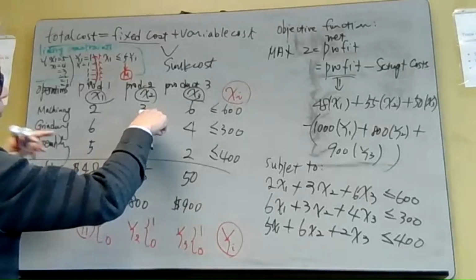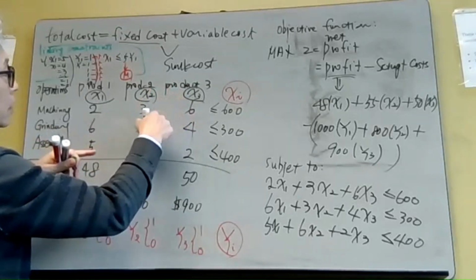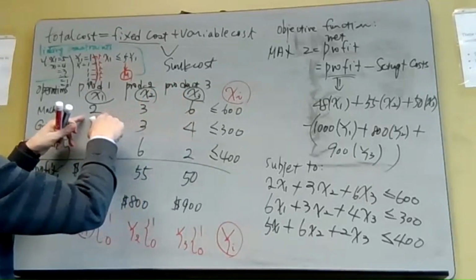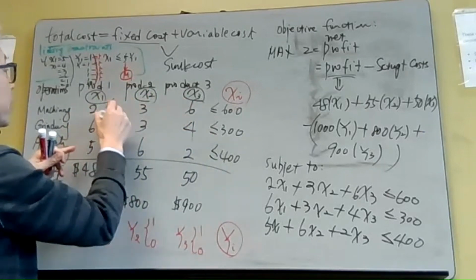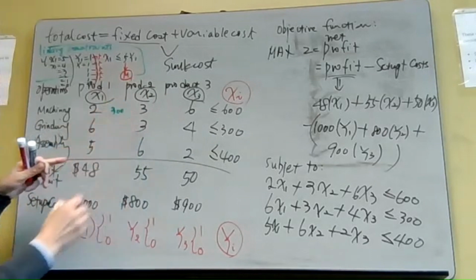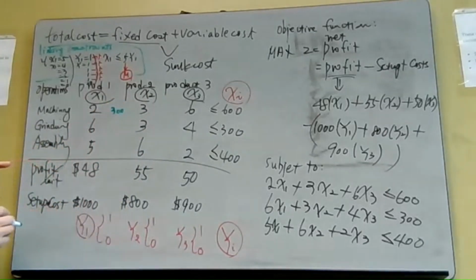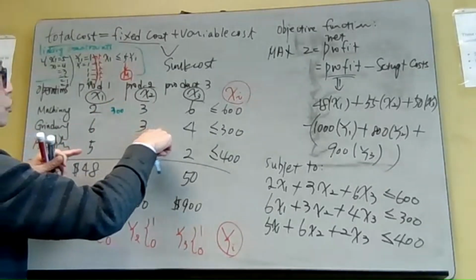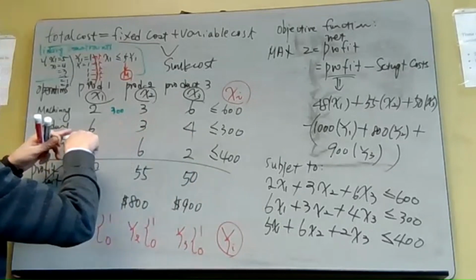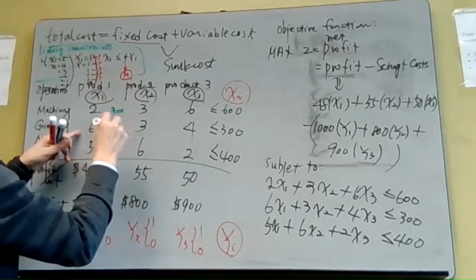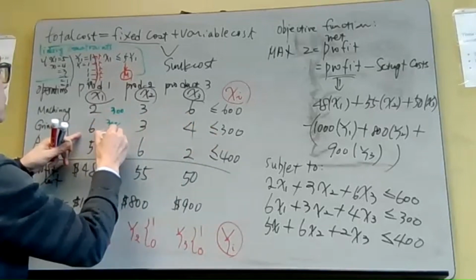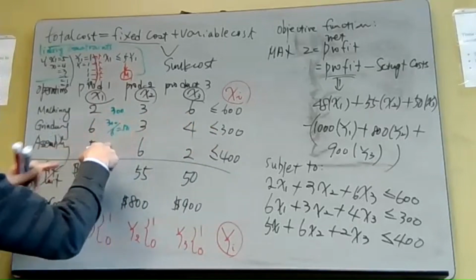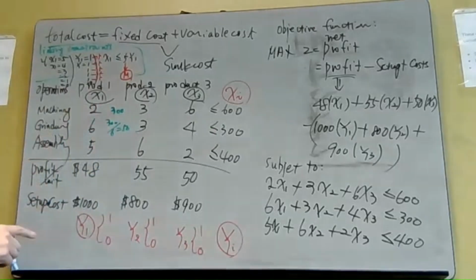Now, if you don't produce x2, x3, then 2x1 will be 600, so maximum of x1 will be 300. And for grinding, if you don't produce x2 and x3, you may be able to produce maximum 300 divided by 6, which is 50 x1.